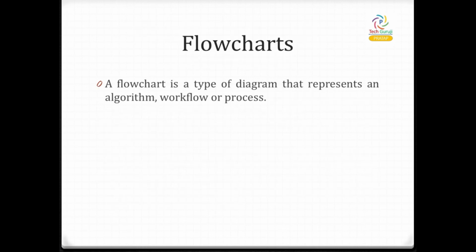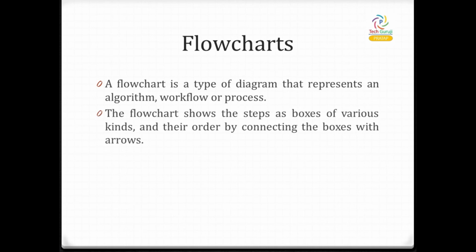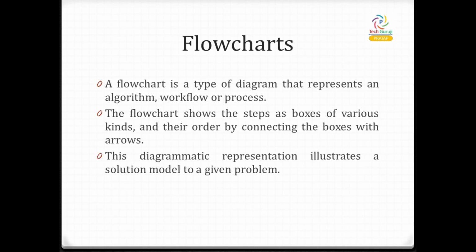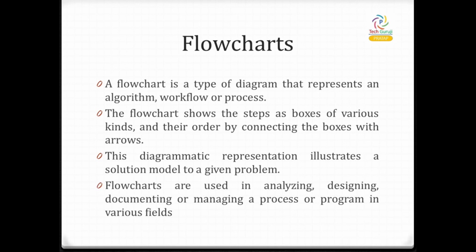The next important topic is flowcharts. A flowchart is a type of diagram that represents an algorithm, workflow or process. The flowchart shows the steps as boxes of various kinds, and they are ordered by connecting the boxes with arrows. This diagrammatic representation illustrates a solution model to a given problem.